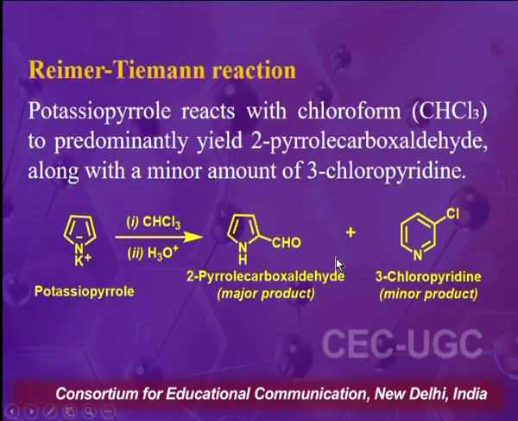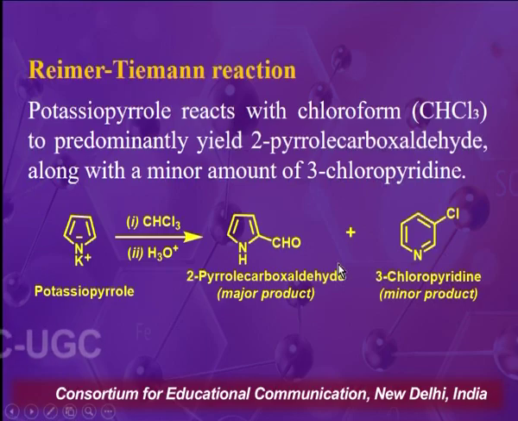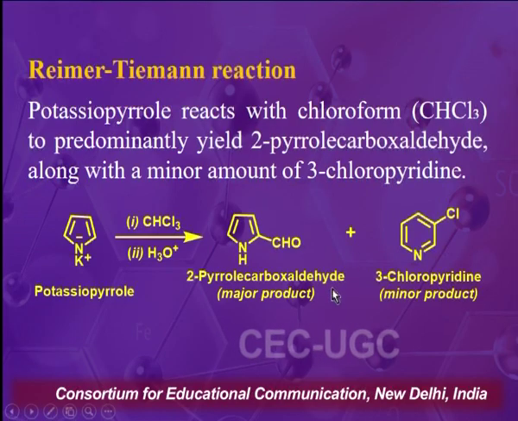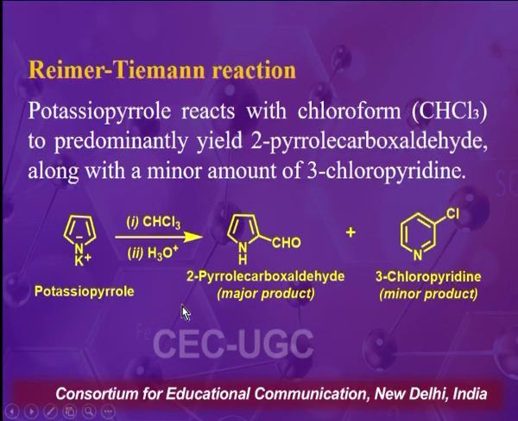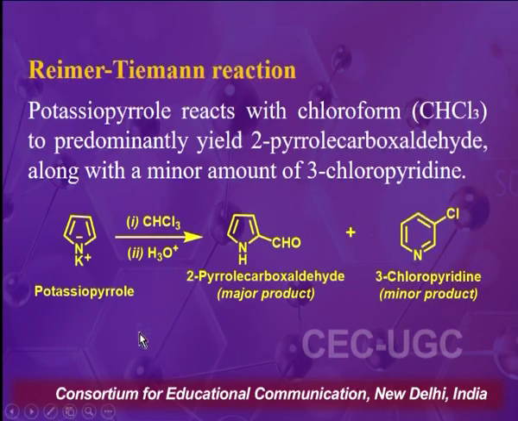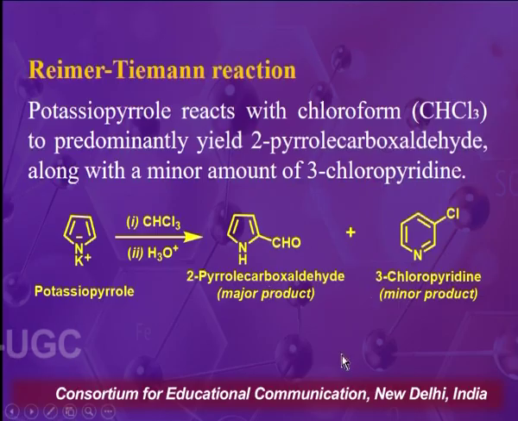Further, like other aromatic systems, the Reimer-Tiemann reaction is very famous on aromatic systems. So the same reaction is also feasible in the case of potassiopyrrole molecule. But the limitation is that in this case we get a side product, that is 3-chloropyridine.